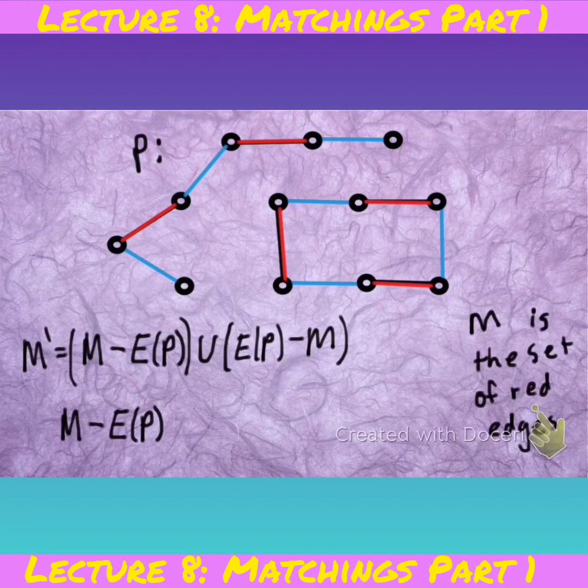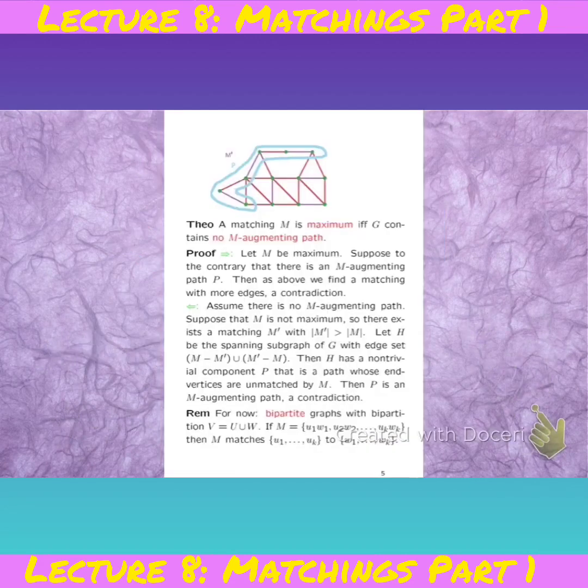It seems that if you have an M augmenting path in one of your components, then you can construct an even larger matching, and that is going to bring us to the following result. A matching M is maximum if and only if G contains no M augmenting path.